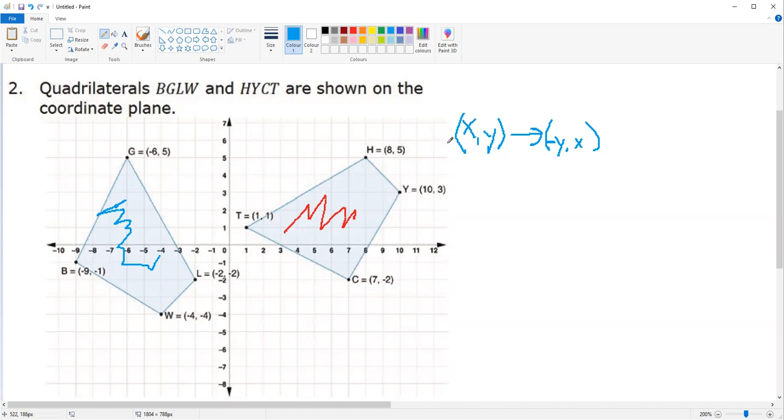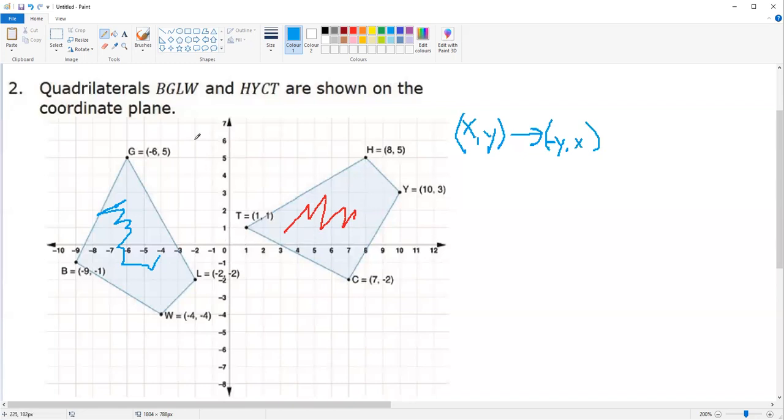So we're going to use this coordinate comparison to get our intermediate transformation, and then we're going to do a translation to move it whatever number we need to move it.